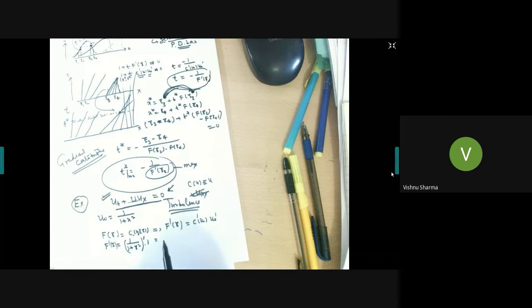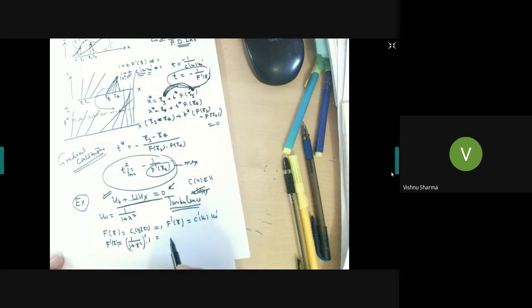So you have to find the derivative. Derivative will be minus, so t star, the breaking time, is minus 1 upon f dash. You have to write the derivative of this. Derivative will be what? 1 plus xi square.